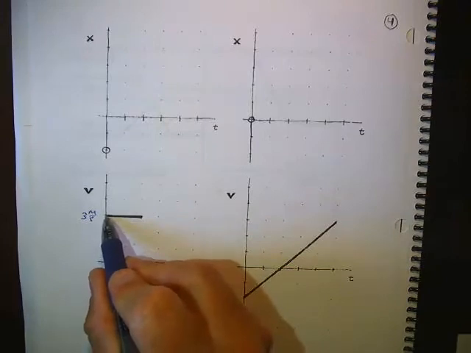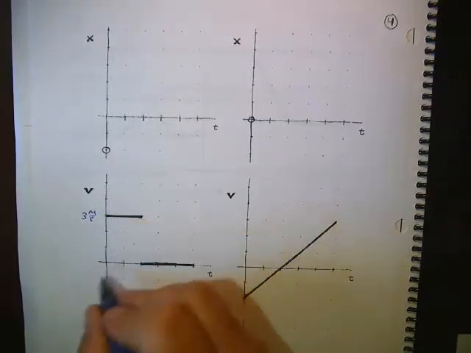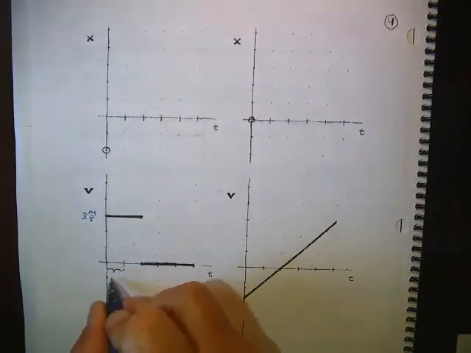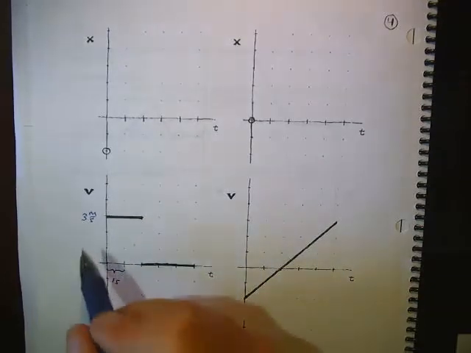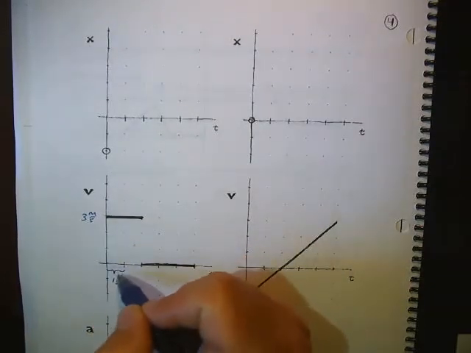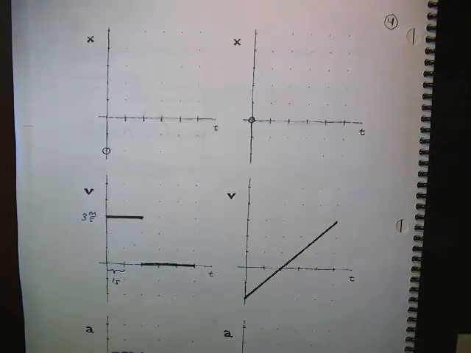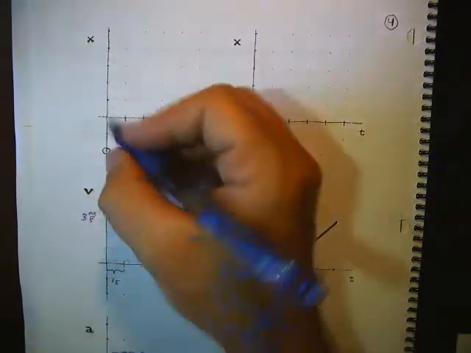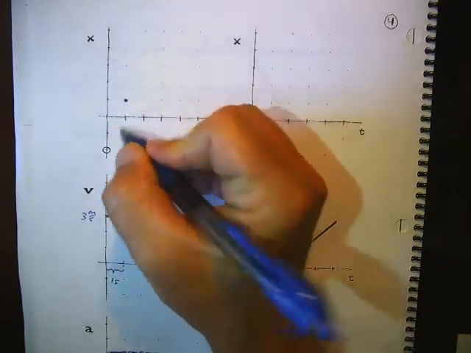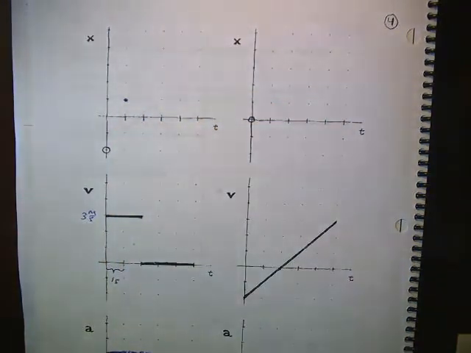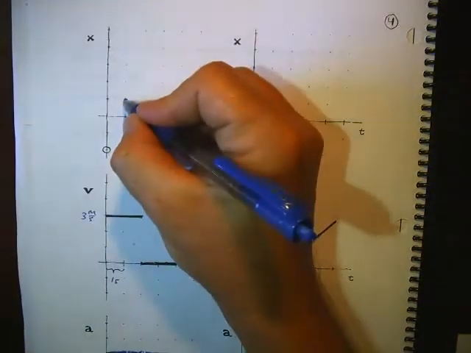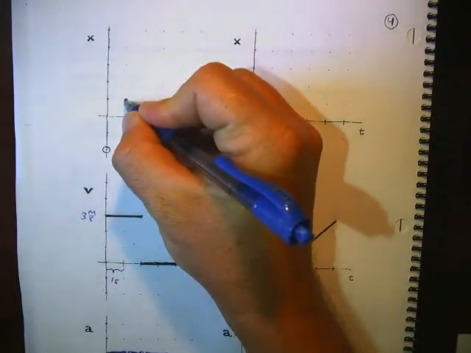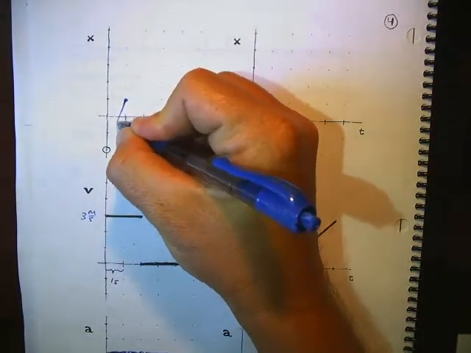If we go at 3 meters per second for 1 second, let's just do it one at a time, then you're going to move 3 meters. So you know that after that 1 second goes by, you should be 3 meters up. So that's one way to think about it.